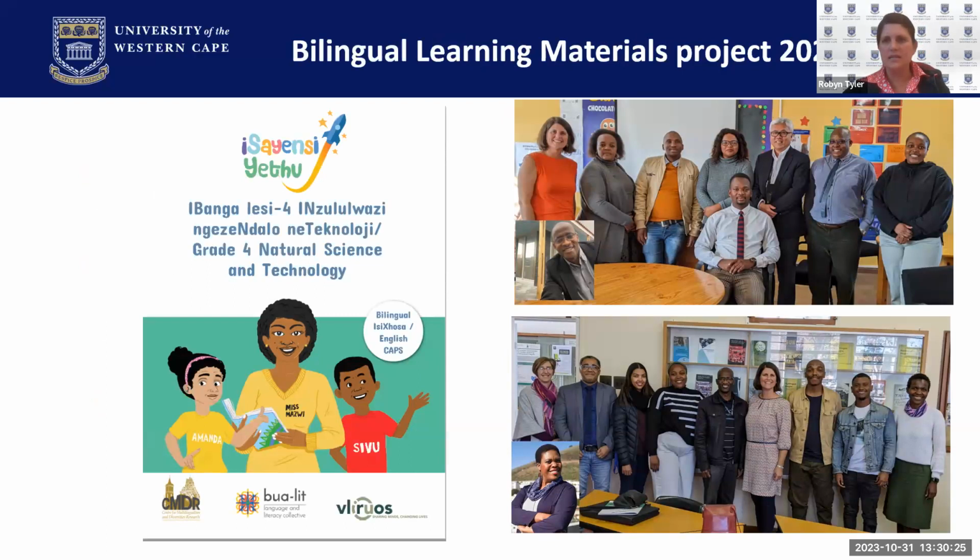The team at the top is the team in the primary school in Khayelitsha, which is called Elita Park Primary for the purposes of anonymity. The principal is in the photograph, as well as some science teachers. The picture below is of the UWC research team of master's students, PhDs, and staff members.